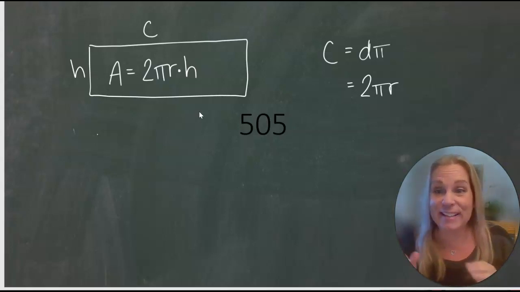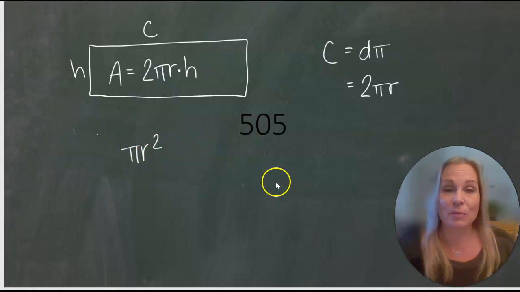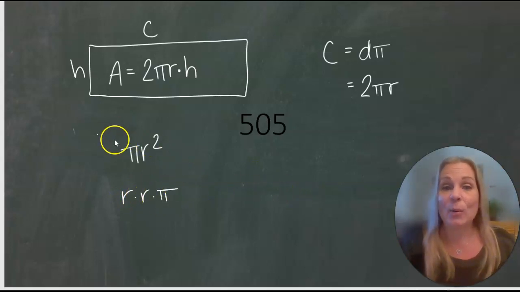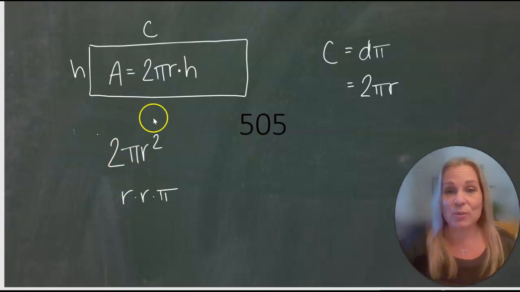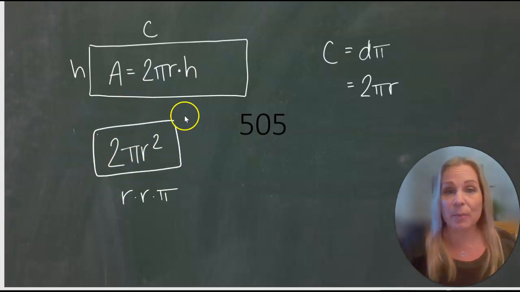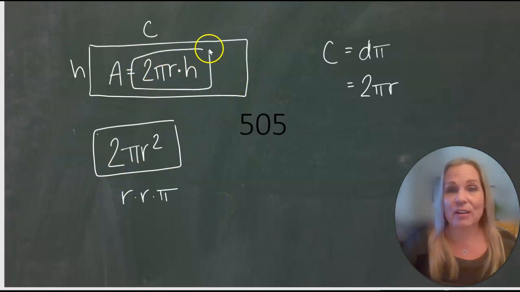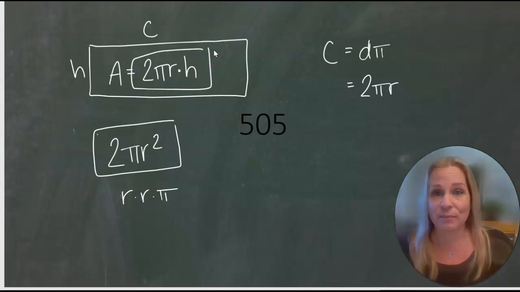So we can find the area of just one base, right, which we know is pi r squared, or we can write it as r times pi, and then we double it. All right, so this gives us the area of both of the circles, and this part gives us the area of that rectangle that wraps around the side.